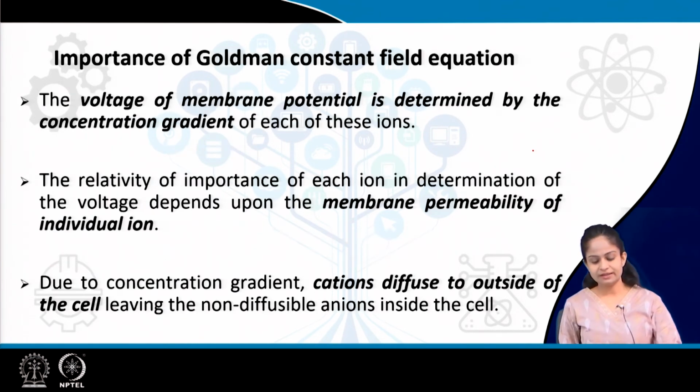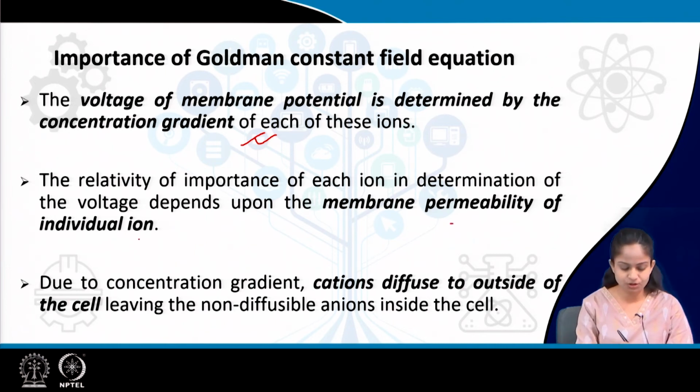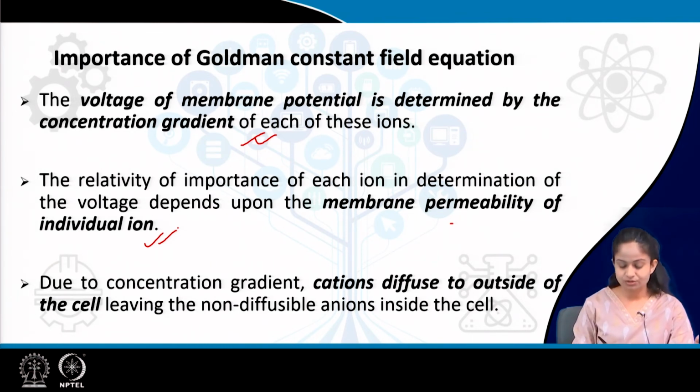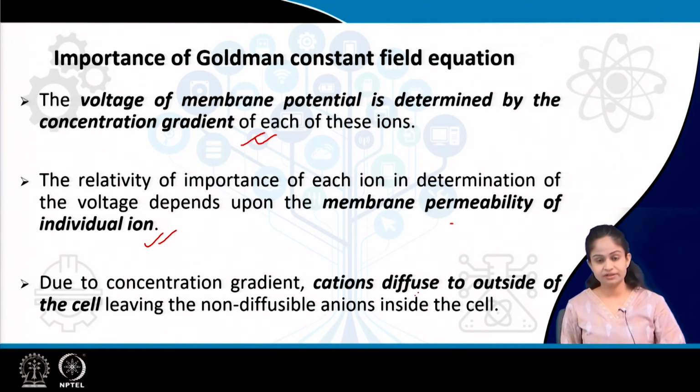The importance of the Goldman constant field equation is that the membrane potential is strongly dependent on the concentration gradient of each of these ions, and also on the membrane permeability of the individual ions. As I had already told you, potassium ions have more permeability because of the effective radius of the hydrated ion, and due to the concentration gradient, the cations diffuse to the outside of the cell, leaving the non-diffusible ions inside the cell.